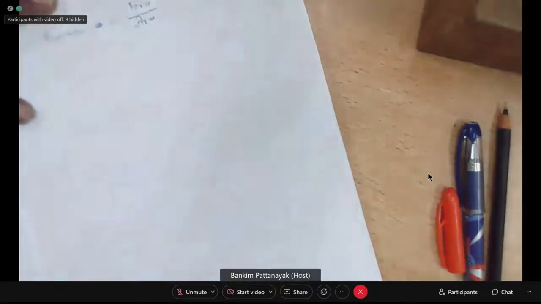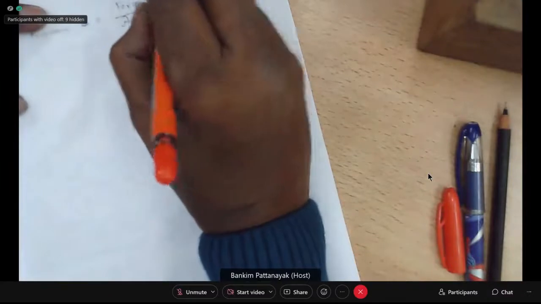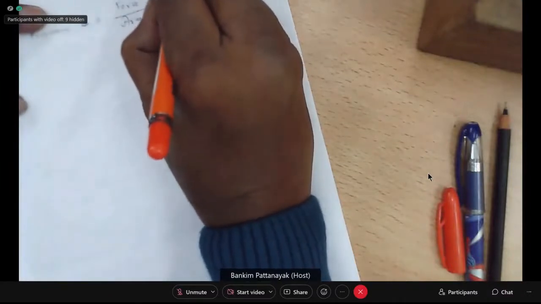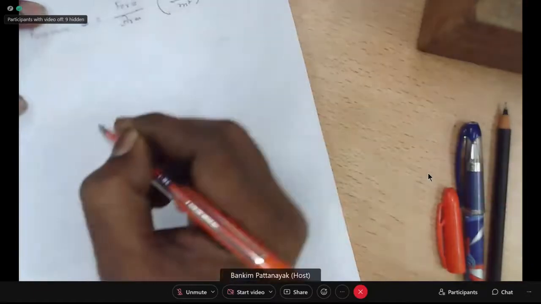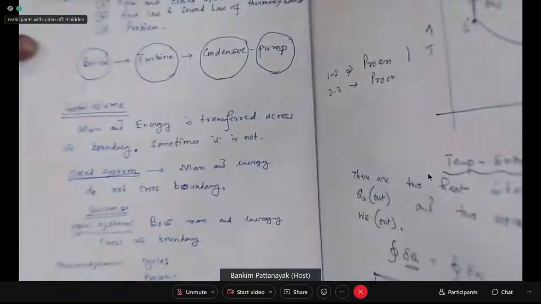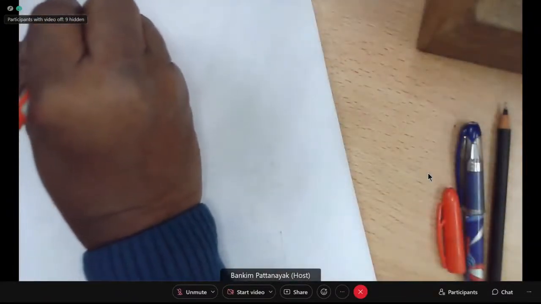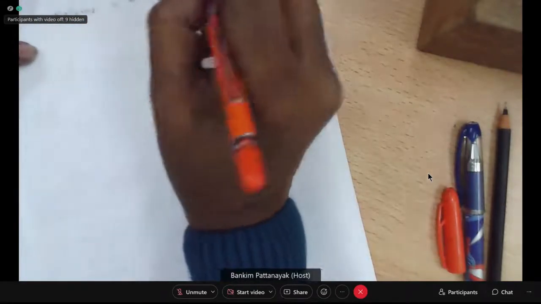So what is the unit of pressure? Force is Newton, area is meter square, and what is the volume? Volume is, let us say, meter cube.